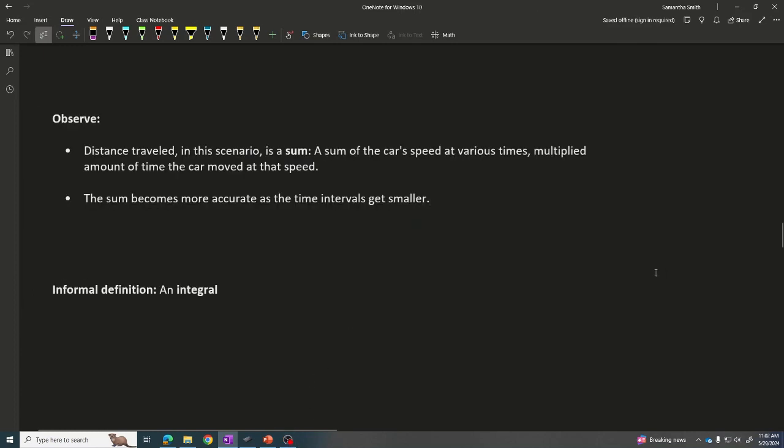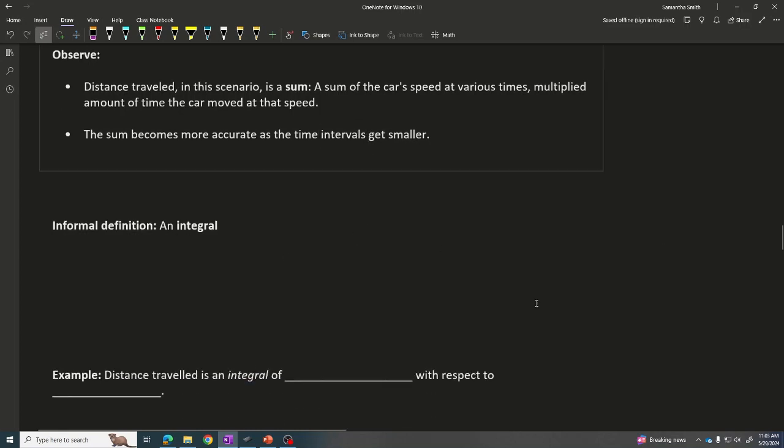This idea of taking a sum of recorded data and taking it to its natural extreme of recording a ton of data with very few gaps between the information that you've recorded is the idea behind an integral. An integral is a sum. An integral is a sum that has become extremely accurate as the intervals between the recorded data get very, very small.